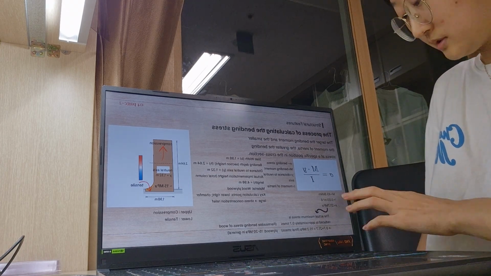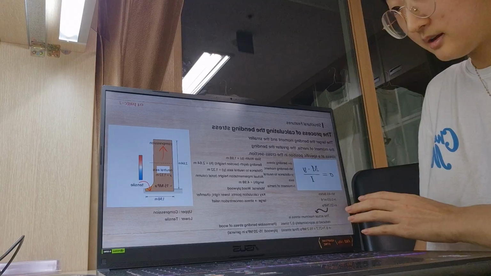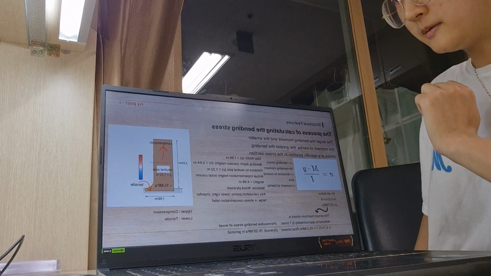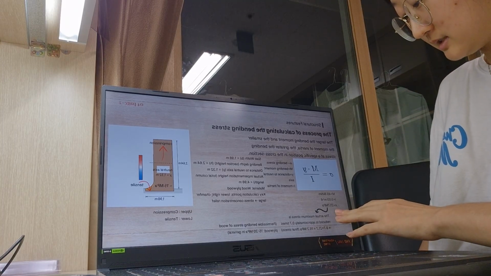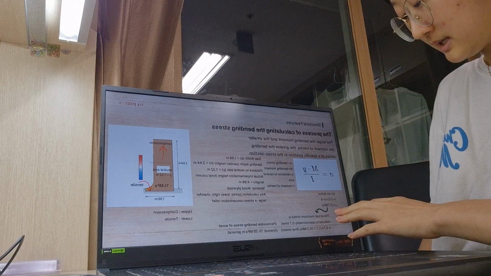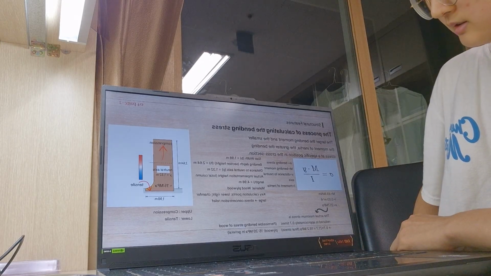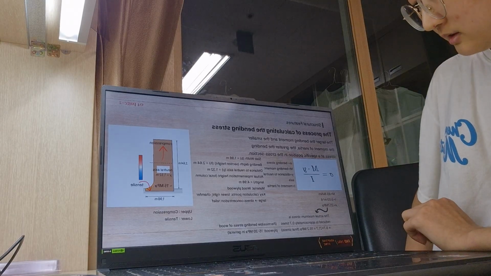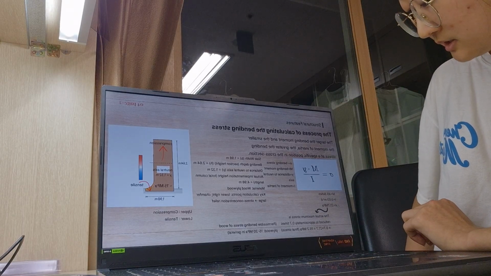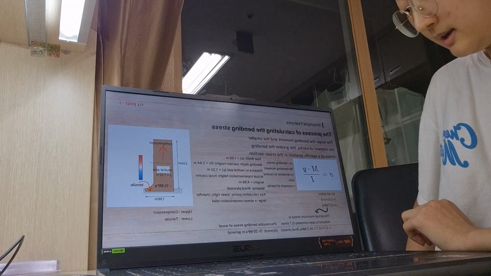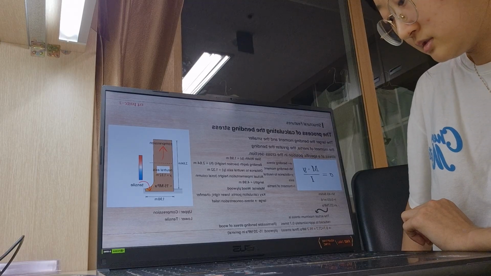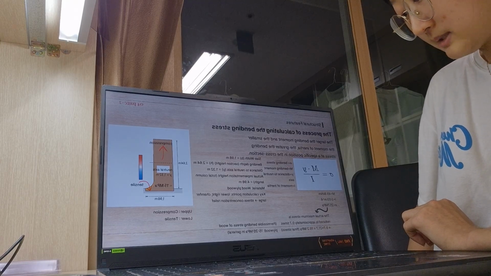Here's the result of the calculation. The value of sigma I got is 21.7 megapascal. In practice, the maximum stress is reduced to approximately 0.7 times.